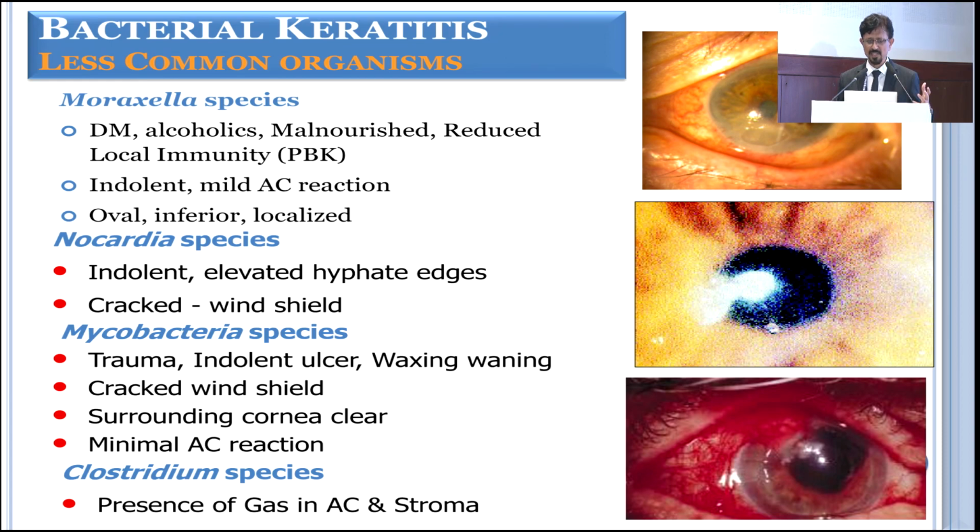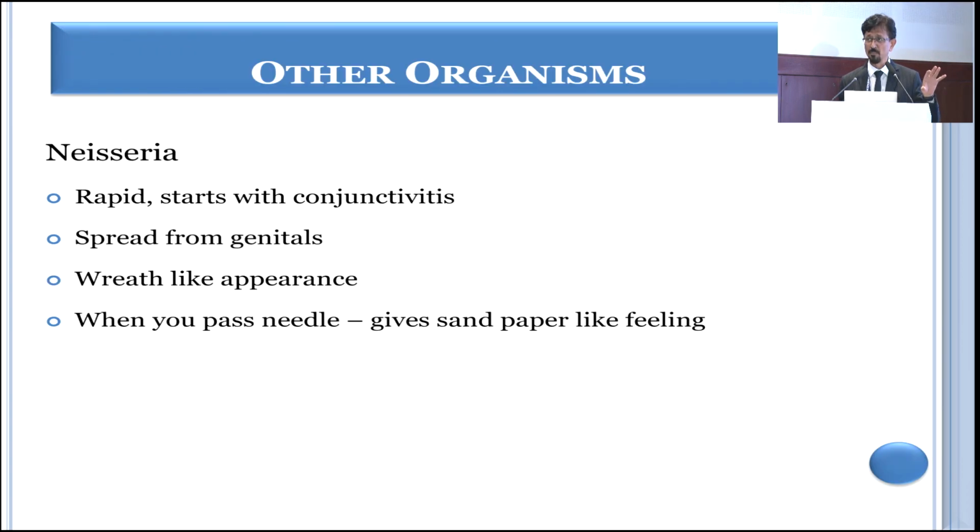Then Moraxella species will be mostly seen in diabetics, alcoholics, and you have these indolent ulcers which are oval-shaped, inferiorly located. Nocardia and mycobacteria can have cracked windshield appearance. Clostridium can have gas in the anterior chamber as well as in the stroma. If there's infection by Neisseria, you get a wreath-like appearance.